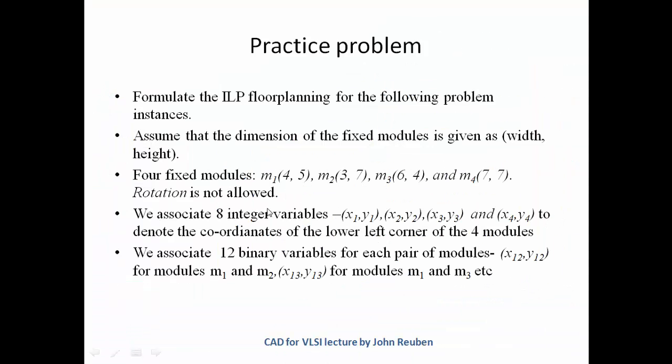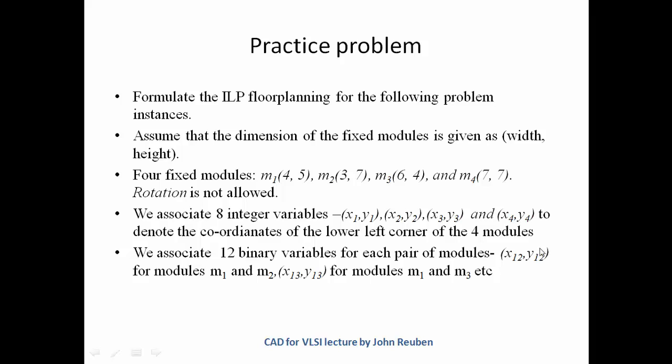So we have four modules, and we associate 8 integer variables, that is 2 variables to represent the x and y coordinate for each module. So we have x1, y1, x2, y2, x3, y3 and x4, y4 to denote the lower left corners. And we're going to have 12 binary variables. Remember, we said the pair xij and yij were for a pair of modules i and j.